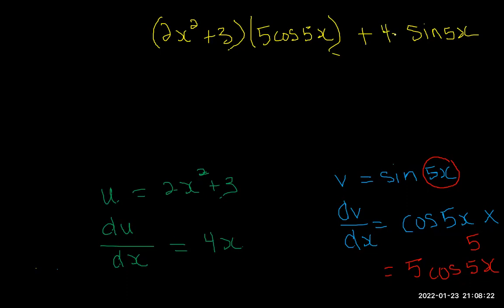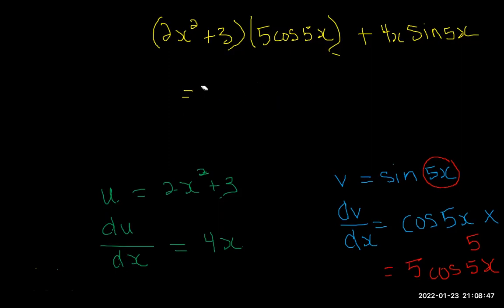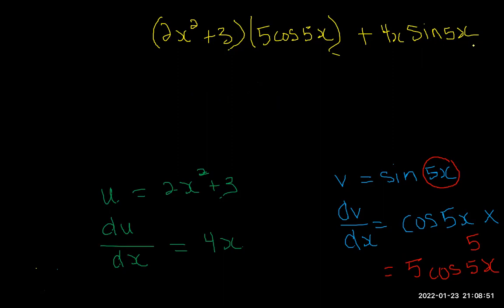So I'll just write it here. You can expand these brackets actually. So you can have like 10x squared, well, 10x squared. They said in the simplest form, right? You don't have to expand it.